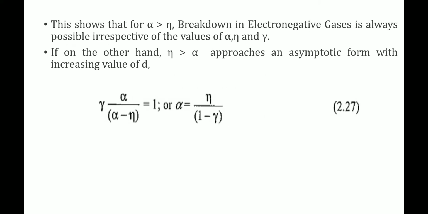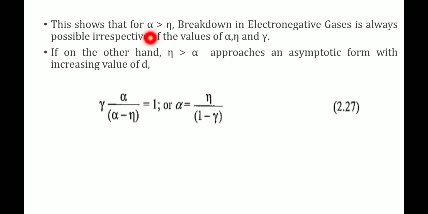So this equation shows that there are two conditions. The first is that alpha, the ionizing coefficient, is greater than eta, the attachment coefficient. In that case the breakdown process in electronegative gases is always possible, irrespective of the values of alpha, eta and gamma itself.